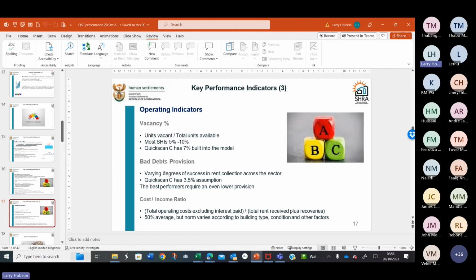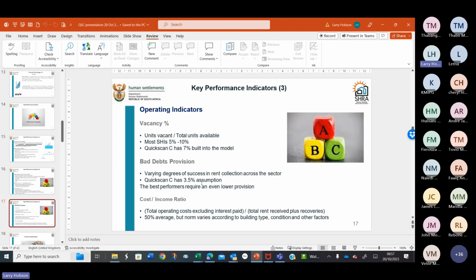Those who are able to stand on their own will have a bad debts provision of less than 5%. Quick scan C has a 3.5% assumption, and the best performers have an even lower actual bad debt amount. So that's 3.5% that gets built into quick scan C.